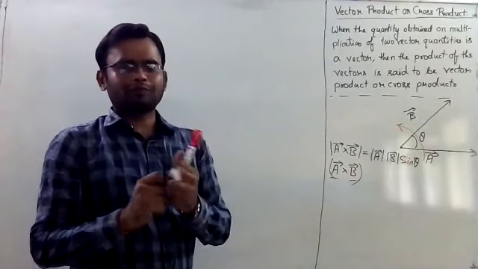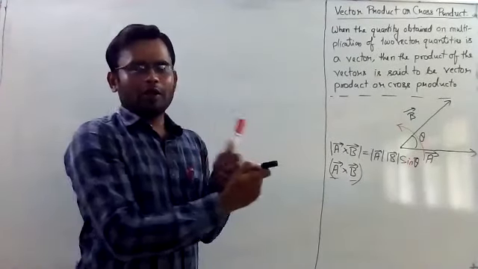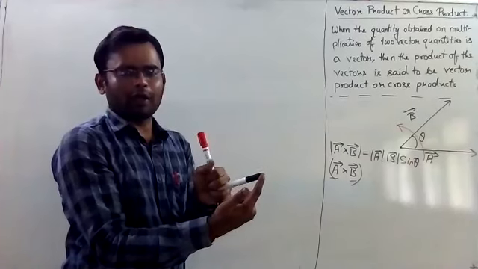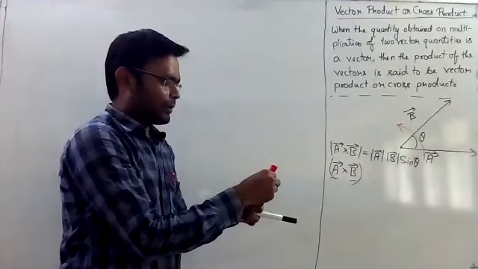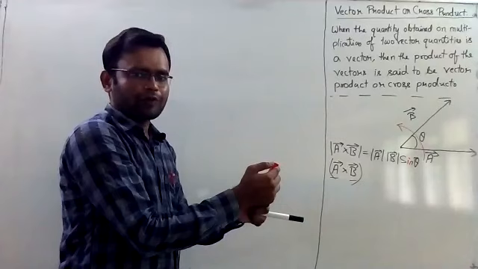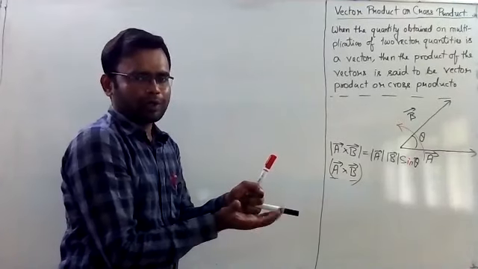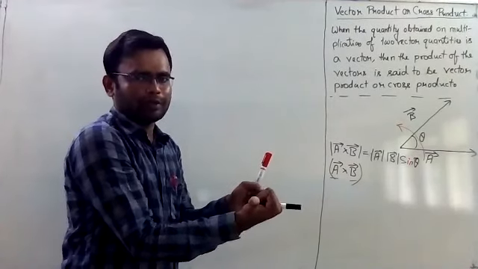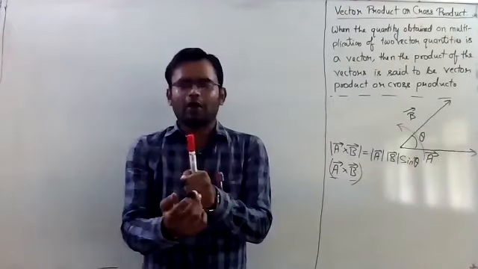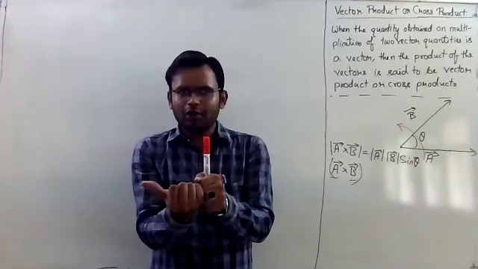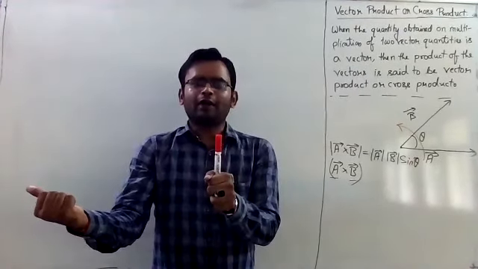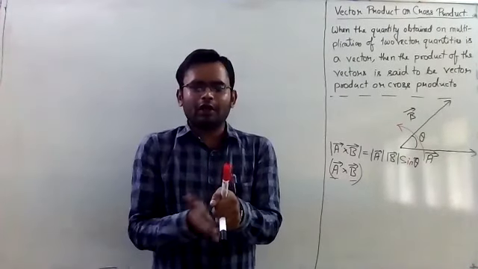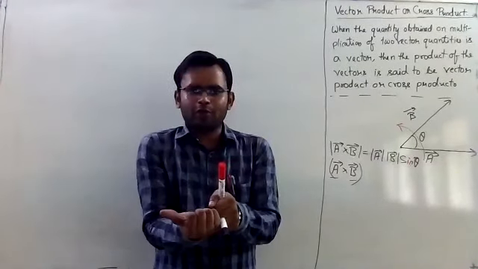Simply, suppose I take this vector to be A and this vector to be B, then the direction of A cross B will be in this direction.